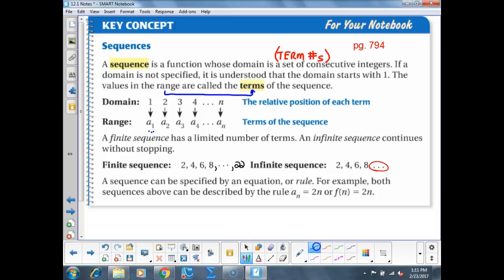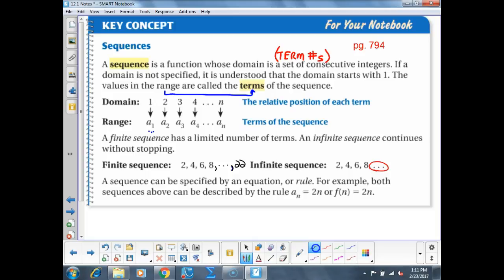If I cover it up, it is an infinite sequence. But if I put a term after that, now it's a finite sequence again. So the dots represent as many terms as it takes to get to that term. And on the infinite one, it's just saying that it goes on forever.